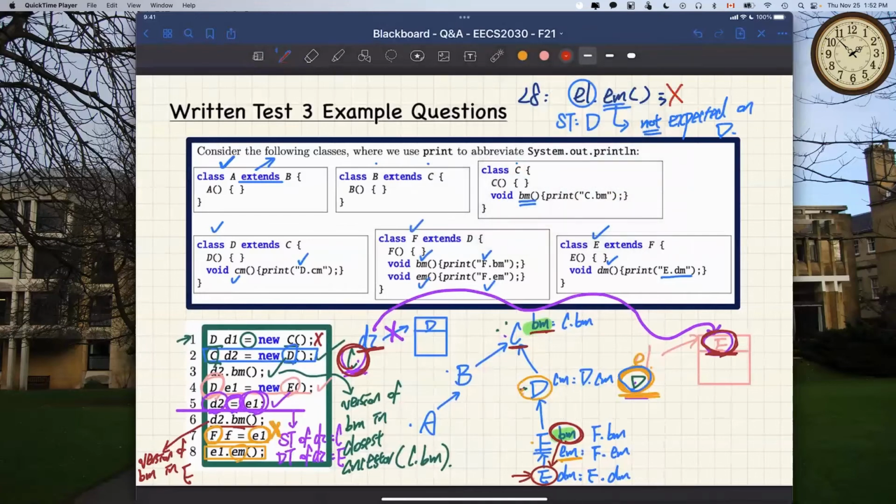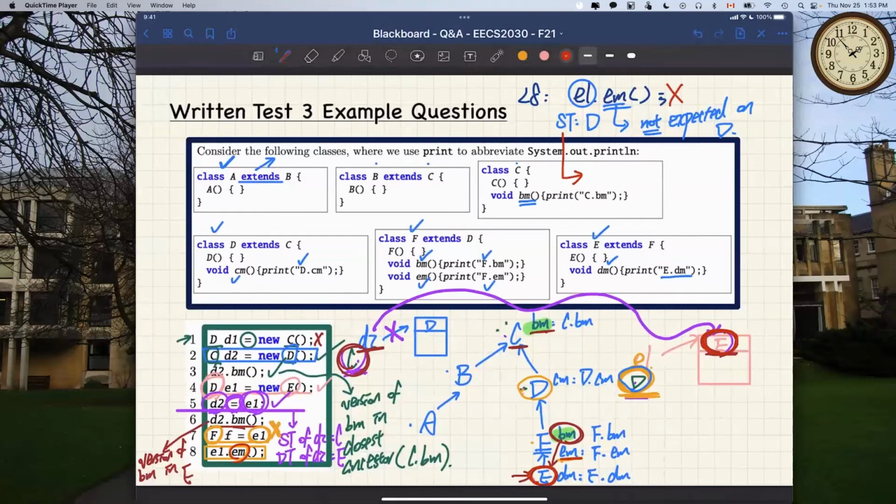That's part 1. But now, how can we make it compile and also work, hopefully? The way to do it is you can use a cast. We know that dynamically, E1 is pointing to some E object over here. And E will definitely support EM, which is inherited from here. So you've got 2 choices. I actually got asked this question in the office hour yesterday.